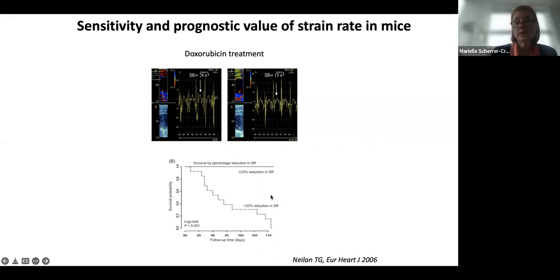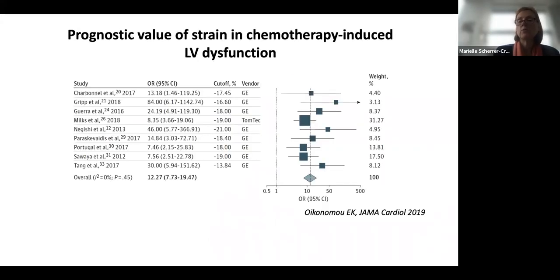And I think this was the most important finding, which was that strain rate predicted later survival in a doxorubicin chronic treatment in mice. And so we took this to humans and did some of the early studies, as Noel was mentioning, on the prognostic value of strain in chemotherapy-induced LV dysfunctions.